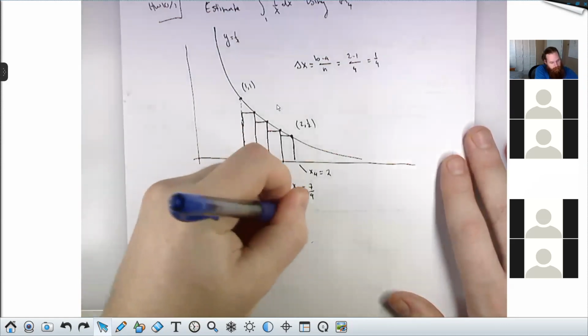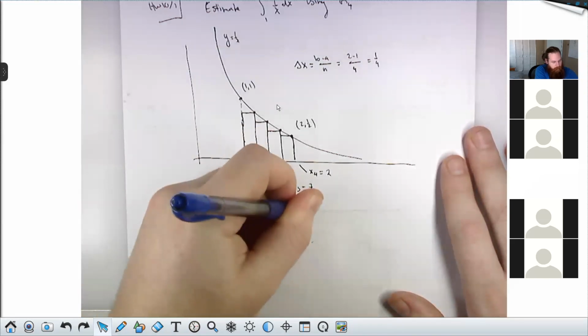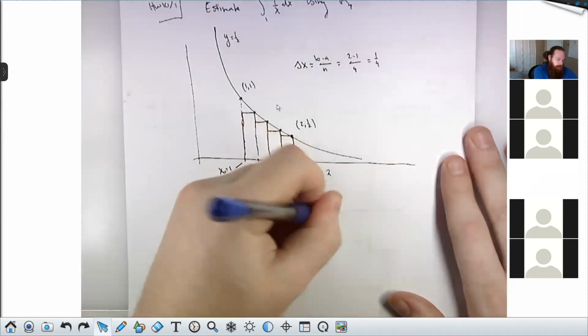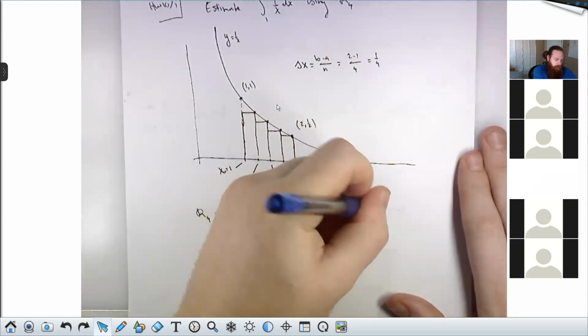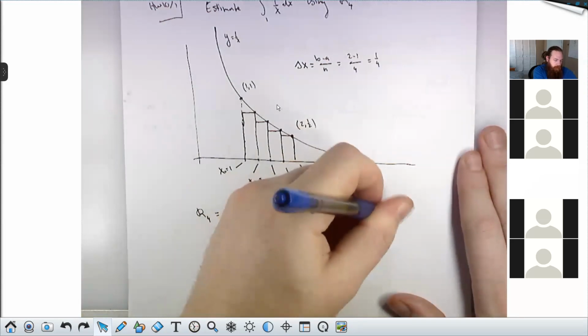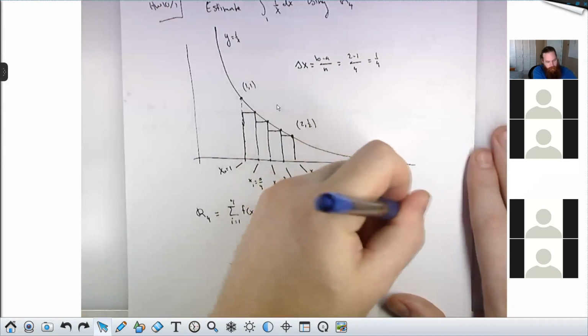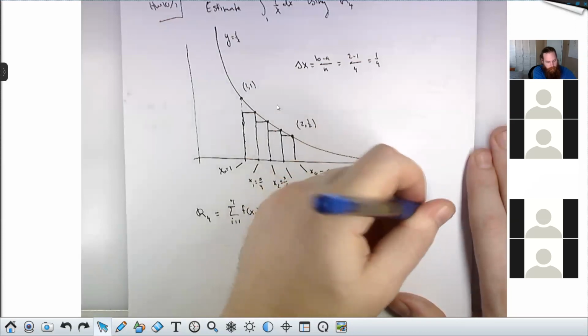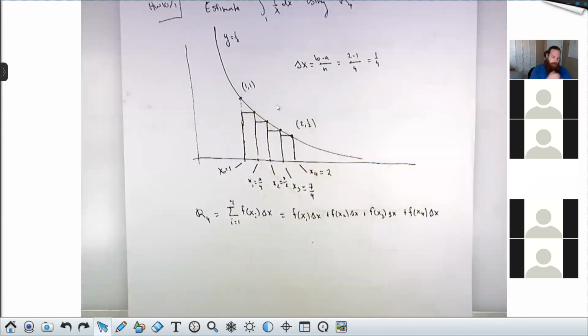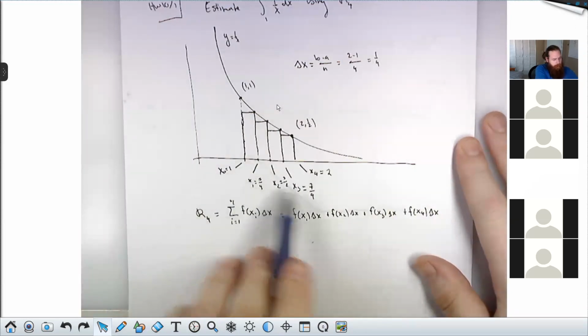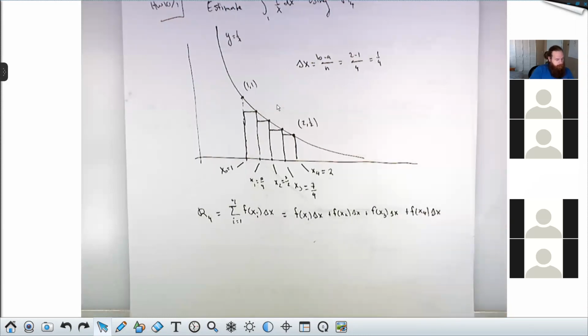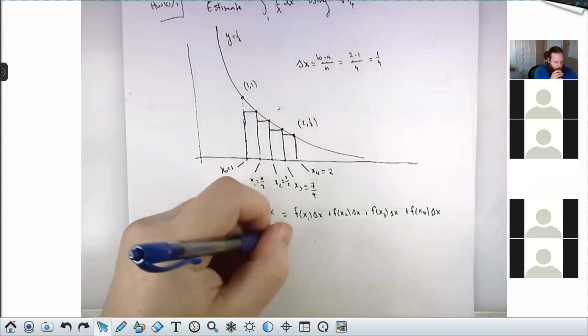That's f of x1 times delta x plus f of x2 times delta x plus f of x3 times delta x plus f of x4 times delta x. Delta x is 1/4. x1, x2, x3, and x4 are these guys. Sorry, this is x0, yeah. So what we really need are the heights, f of those things. And f of x is 1 over x.